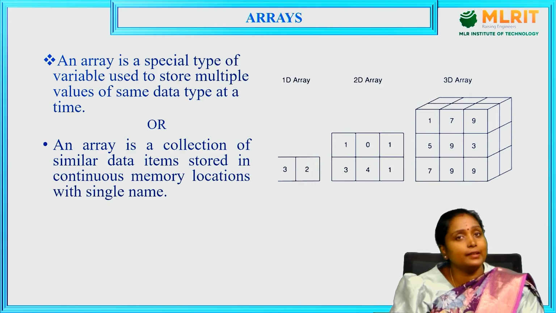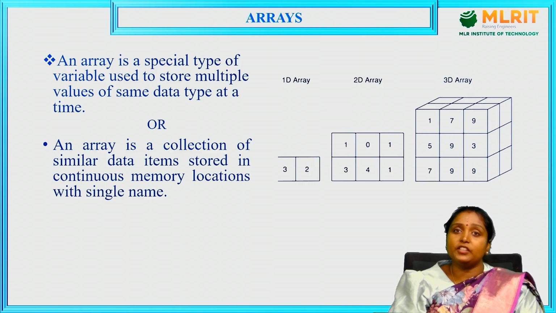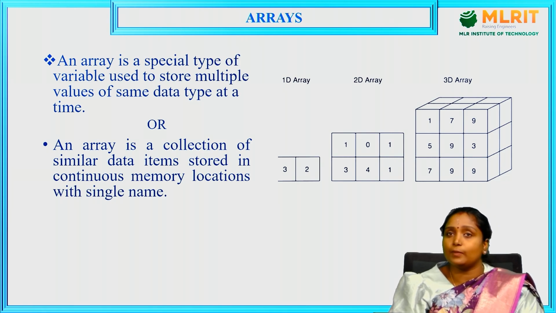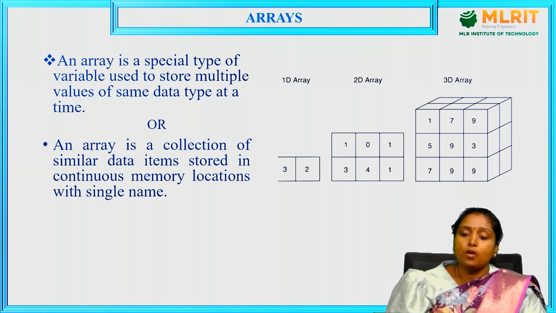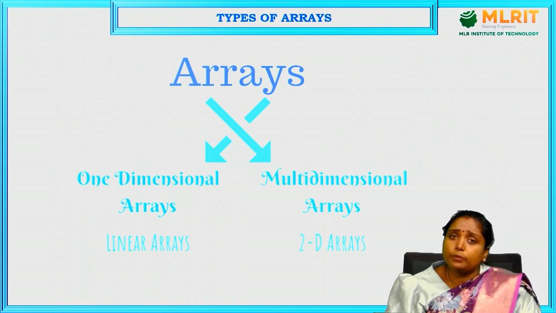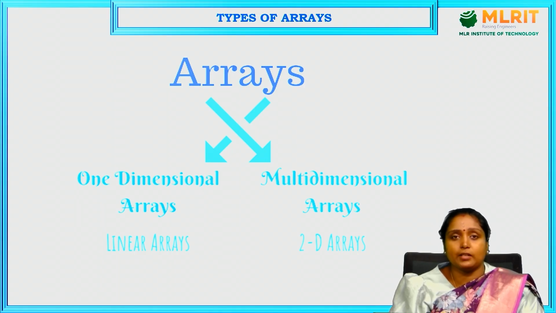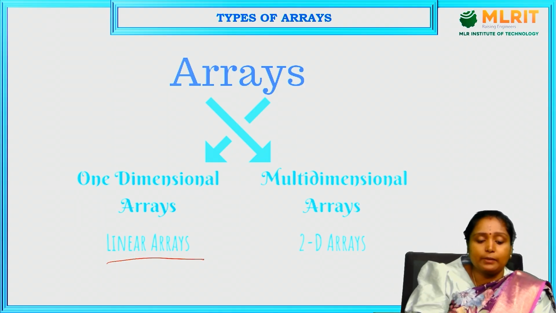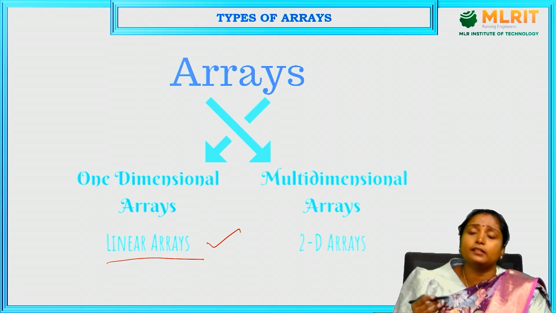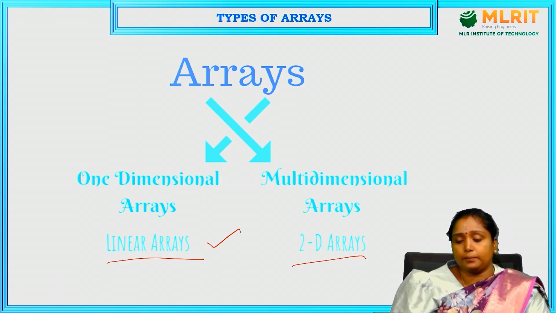So we can say an array is a container which can hold multiple values of the same data type in contiguous memory allocation. Coming to the types of arrays, there are two types. One is one-dimensional arrays and the second one is multi-dimensional arrays. We call one-dimensional arrays linear arrays, and one type of multi-dimensional array is the 2D array.